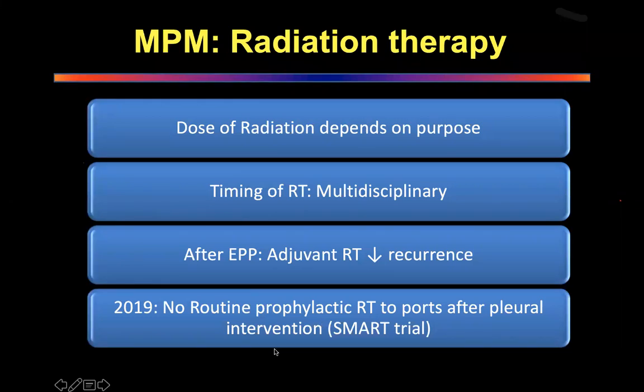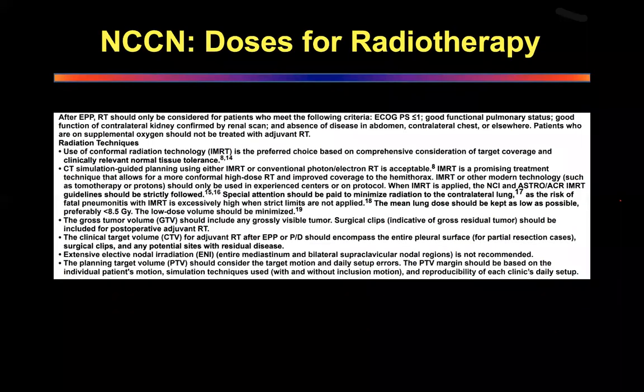This is a new change. This is not the practice that we were doing. We used to routinely give radiotherapy to the VATS ports after surgery. But the new guideline is saying there is no routine prophylactic radiotherapy. There is no benefit, or the benefit is not adequate to support its use in a guideline. So be careful when you're giving radiotherapy to the chest wall. It is actually not supported by the SMART trial, okay?